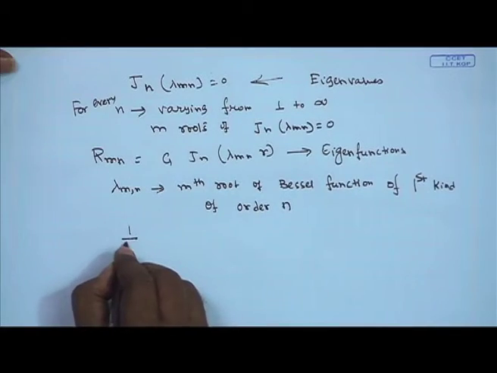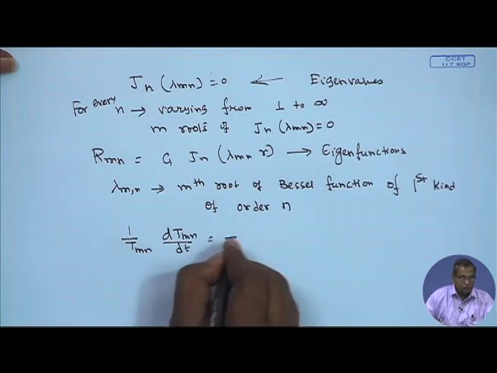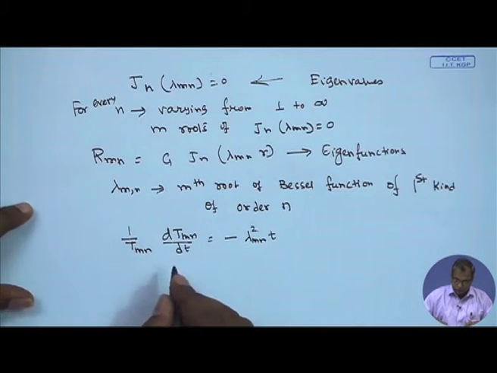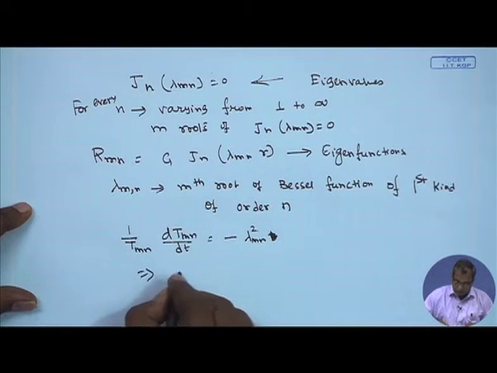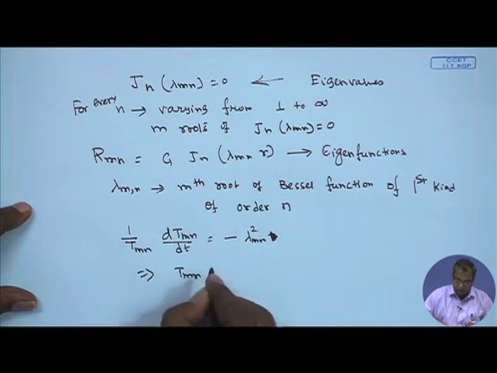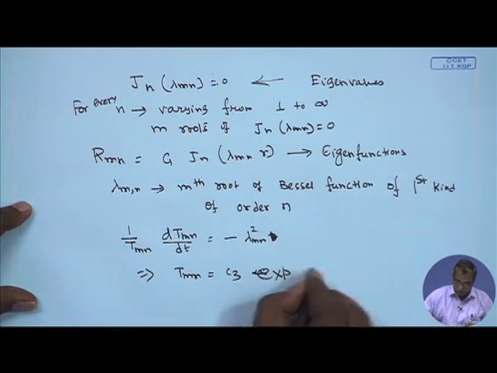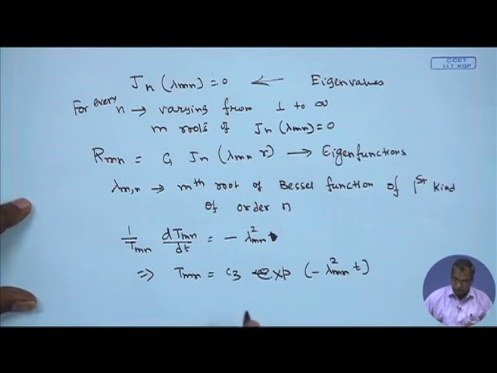And if you look into the time varying part, dT m n by dt will be nothing but minus lambda m n square times T m n. So, T m n will be nothing but another constant, let us say C3, exponential minus lambda m n square times t.